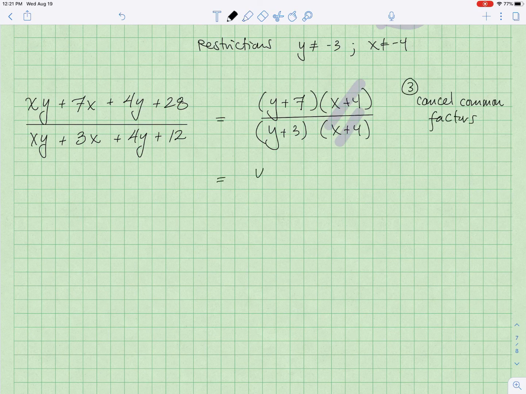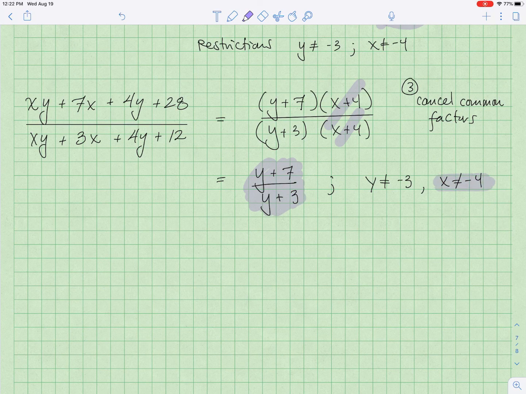Now this is a really good example for illustrating why you need to state your restrictions before you simplify. So y doesn't equal negative 3, and x doesn't equal negative 4. The reason it's so important that you state those restrictions is you'll notice this final form doesn't even have any x's in it yet.